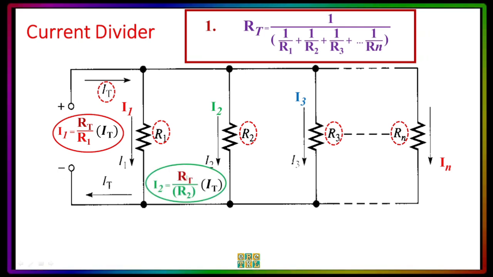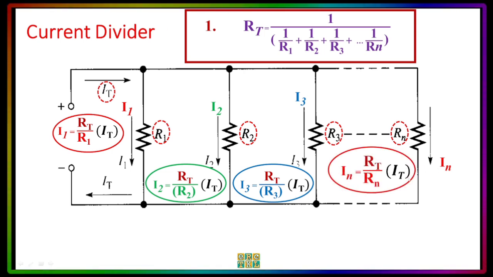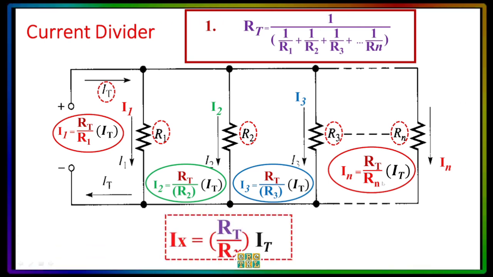So I2 is RT over R2 multiplied by IT. I3 is equal to RT divided by R3 multiplied by IT. And in general, In is equal to RT over Rn multiplied by IT. So we can say Ix, X representing 1, 2, 3, and so on, is equal to RT over Rx multiplied by I total.